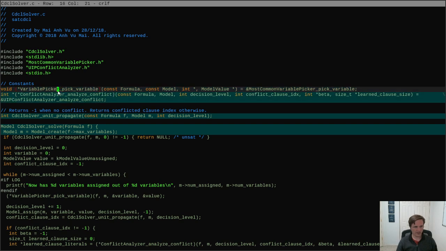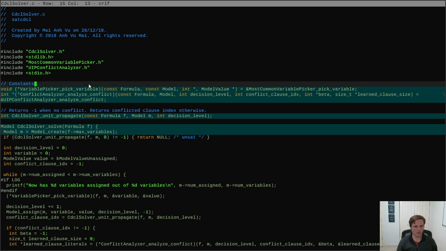All right, so right here, stylistic note that I don't like, we're doing function pointers, which is fine, but specifying them out in this long form here is not ideal. It's a little hard to read.